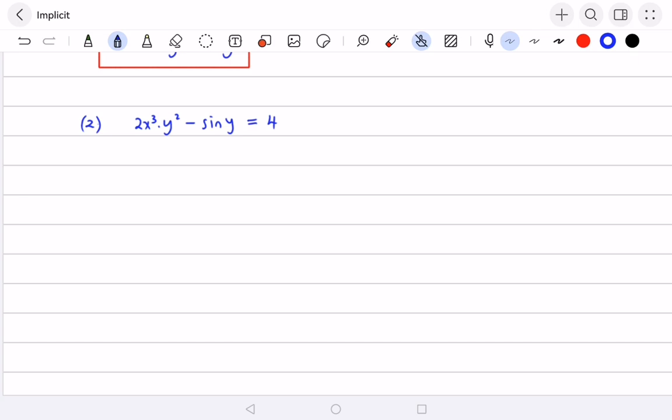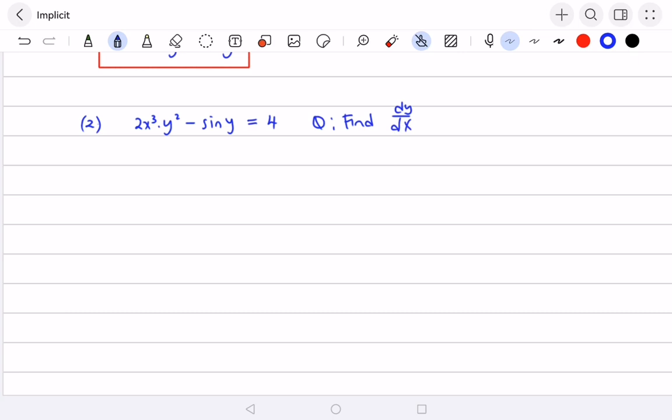As you can see, this is an implicit function. x and y are mixed together, and y is not isolated. Therefore, it is an implicit function. So we need to apply the implicit method of differentiating to find dy dx. So the question will be find dy over dx.